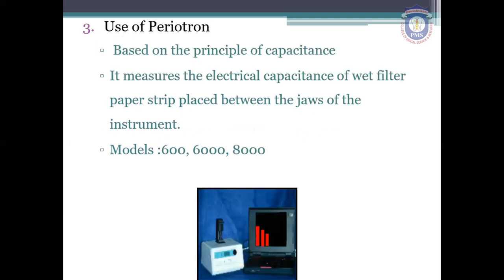The third method is using the Periotron, which is based on the principle of capacitance. So when the paper strip is kept between the jaws of this instrument, it measures the electrical capacitance of the wet filter paper. Various models available are 600, 6000 and 8000.